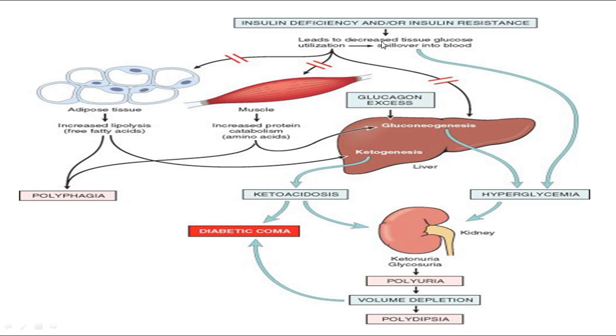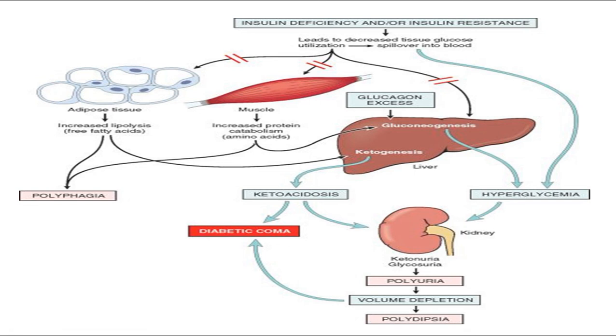There is an insulin deficiency that leads to decreased tissue glucose utilization, and that glucose spills over into the blood. So the blood level of glucose rises sharply. It is called hyperglycemia.